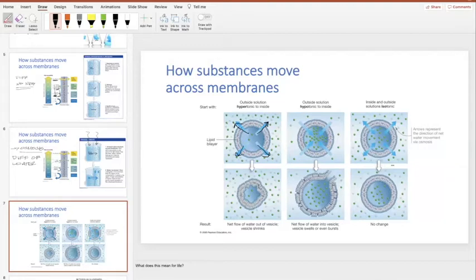And so what that's going to do is it's going to cause a shriveling. So if you placed, say, a blood cell into a solution that was full of salt, then it would shrivel, wouldn't it? Now, the vocabulary that you need to know for this situation is what we call tonicity.